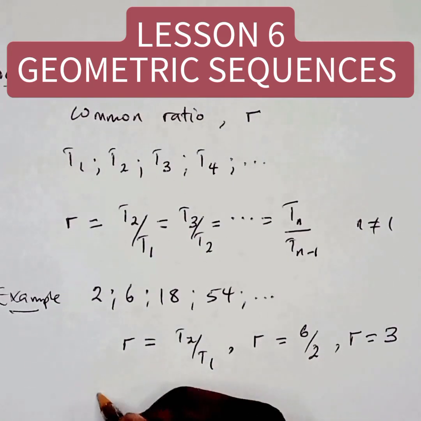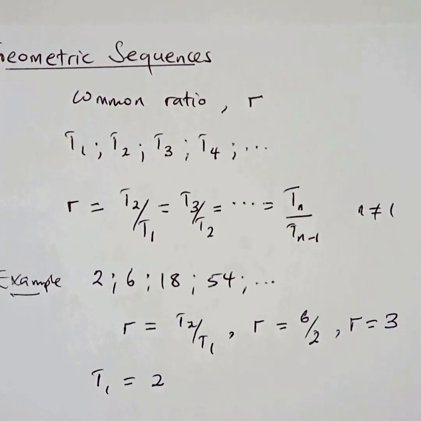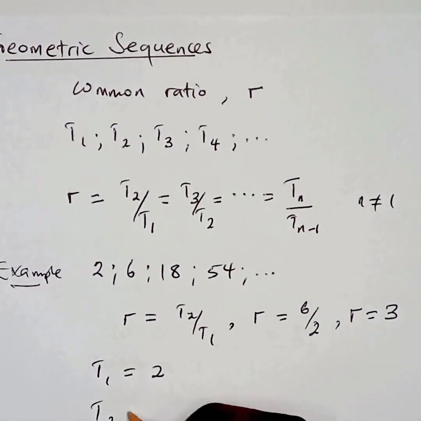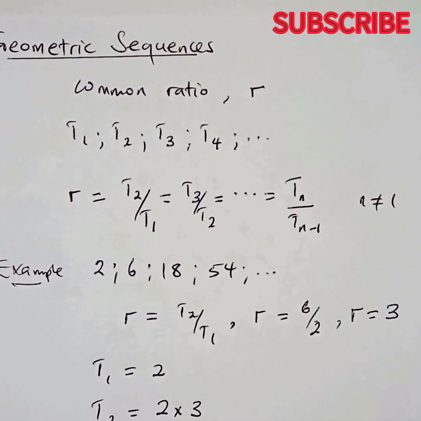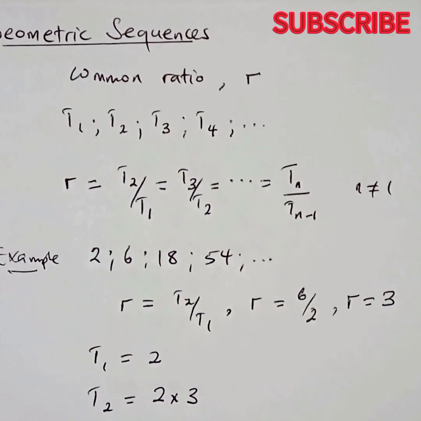T1 is equal to 2. T2 is equal to 2 times 3, so we are multiplying by the common ratio. You remember that constant value, we are multiplying each and every term by that.